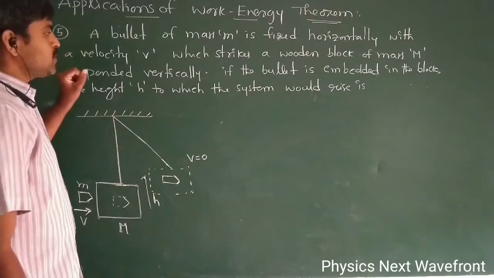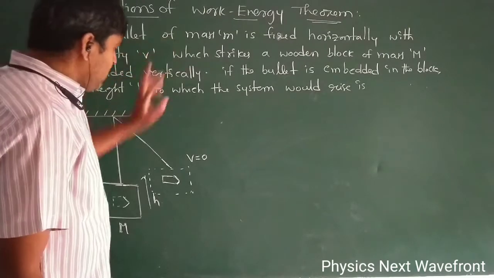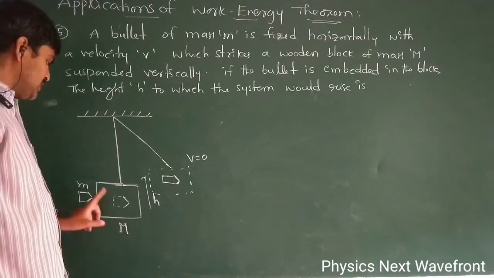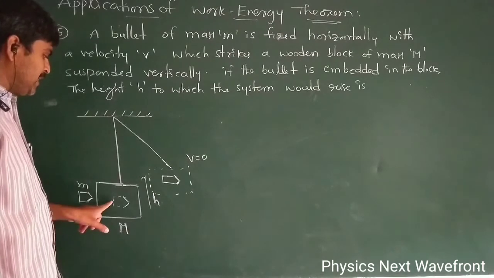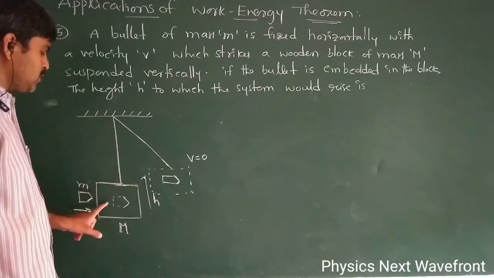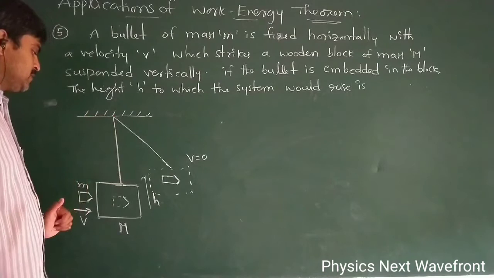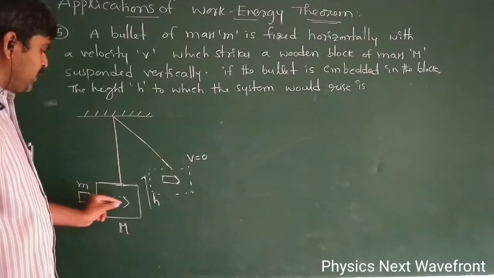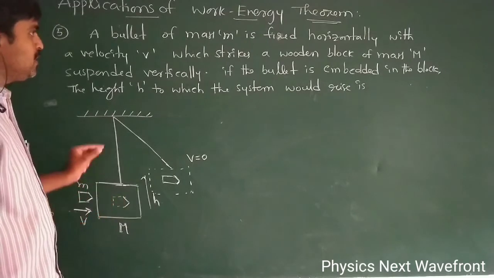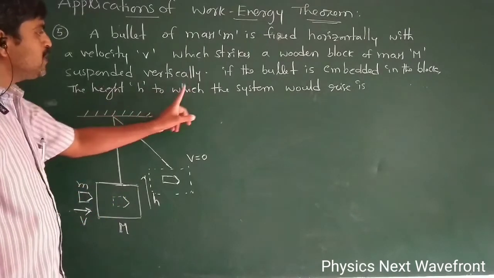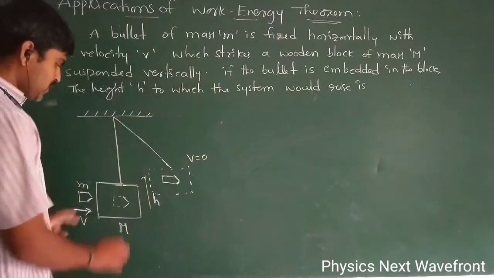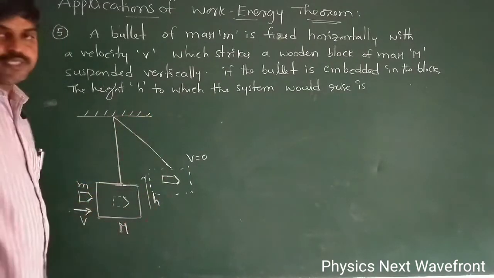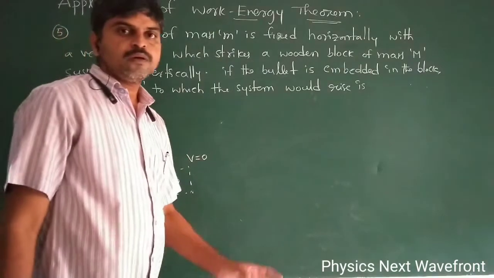The bullet has mass small m and velocity v before collision, and the block is at rest, suspended vertically. After the bullet is embedded in the block, how much height does the bullet-block system rise?